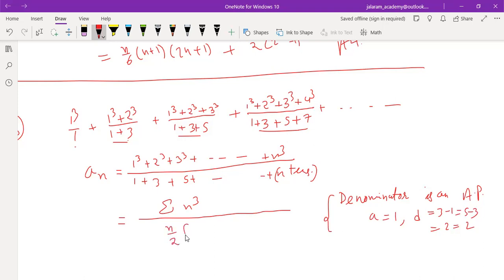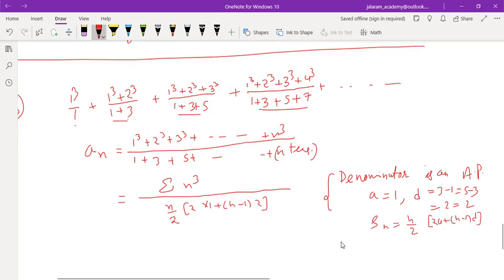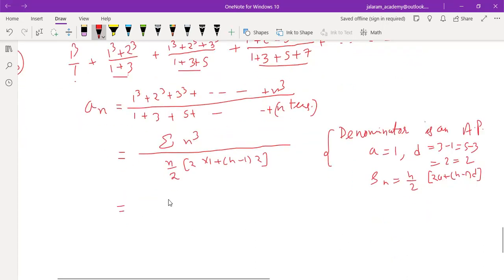So formula n by 2 into 2a plus n minus 1 into d. You know that sum to n terms of an AP is n by 2 into 2a plus n minus 1 into d. So denominator is the sum of AP with first term 1 and common difference 2. Sigma n cube, we know that formula of sigma n cube is n square by 4 into n plus 1 whole square.